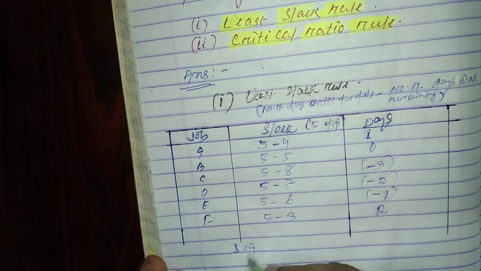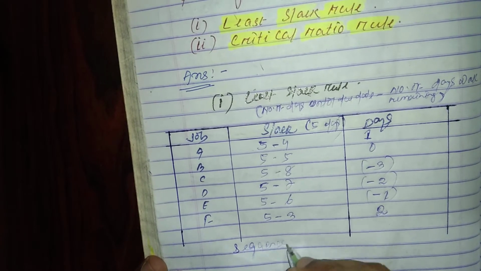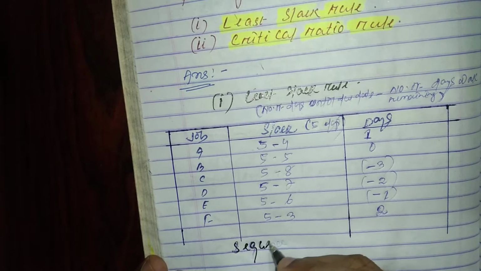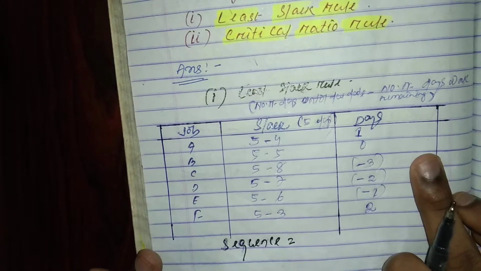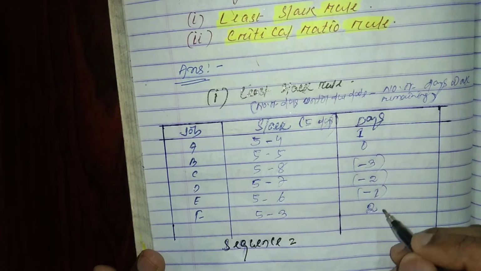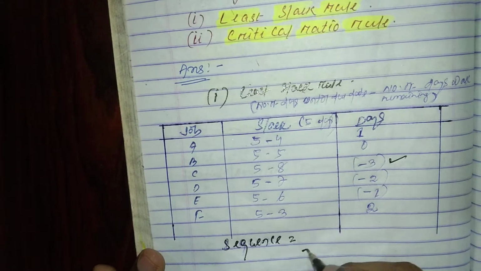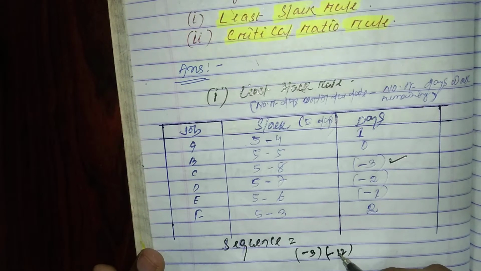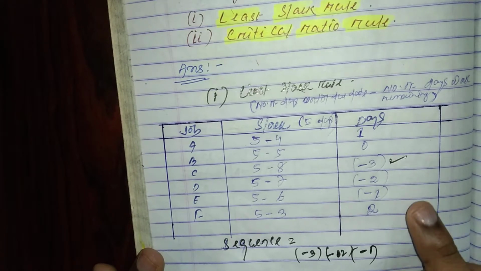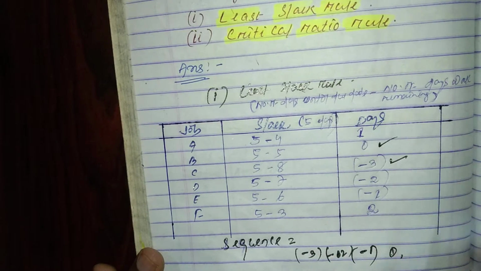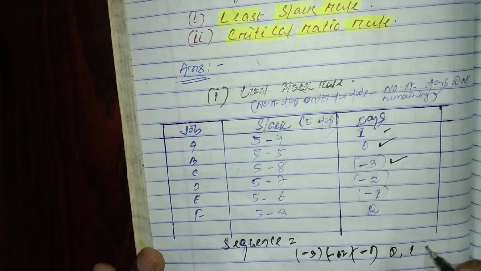So by the least slack rule, first comes minus 3, which is the least, then minus 2, then minus 1, then 0, then 1, then 2.